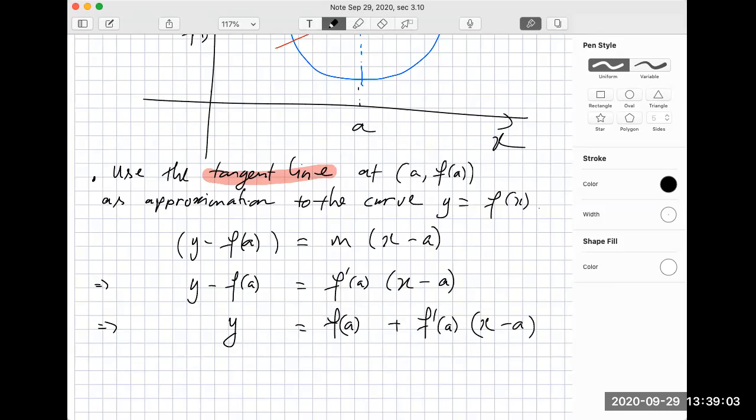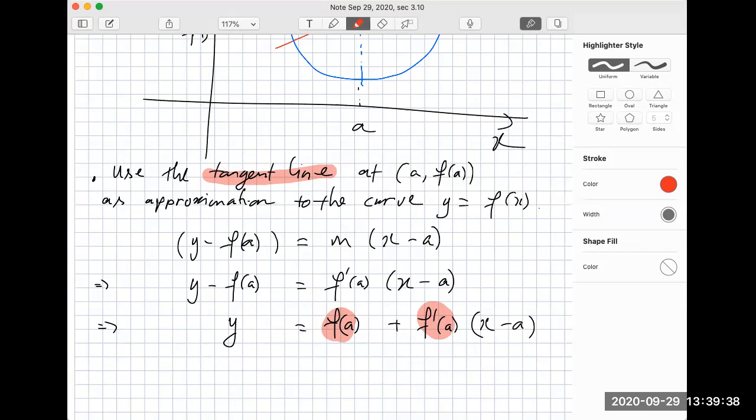So we see that f(a) is a number, right? a is given, then f(a), the function f is given. So f(a) here is a number. Similarly, if we're given the function f, then we can compute f prime at a specific point when x equal to a, so this will also be a number, right?